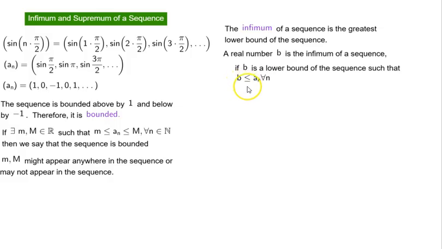That means b is less than or equal to all the terms. And b is greater than or equal to c for every other lower bound c. So let's look at an example and understand this.